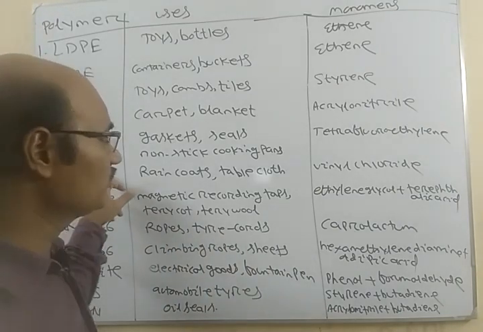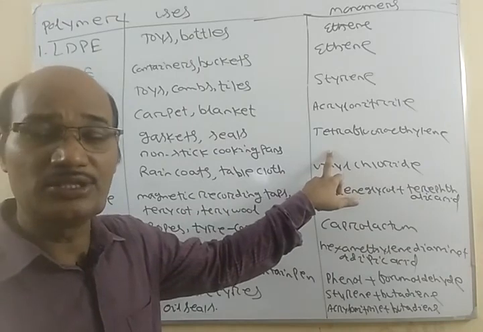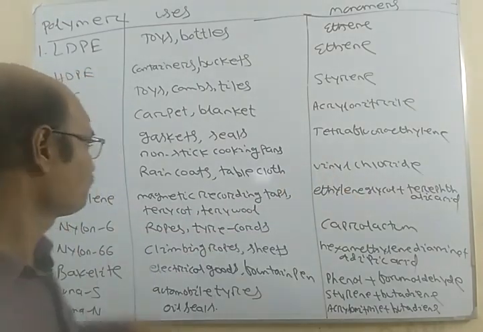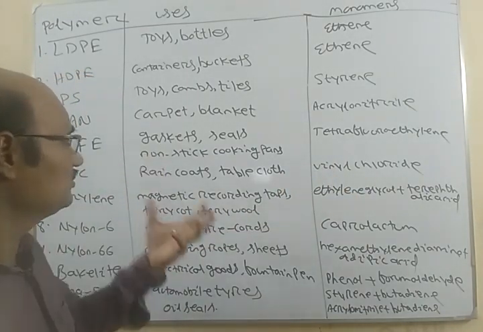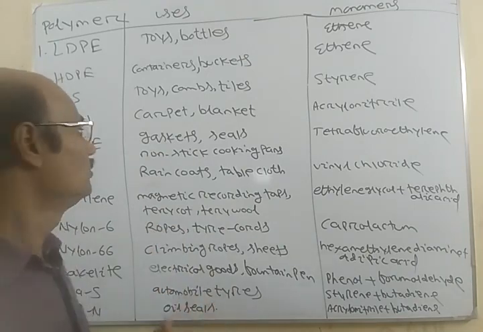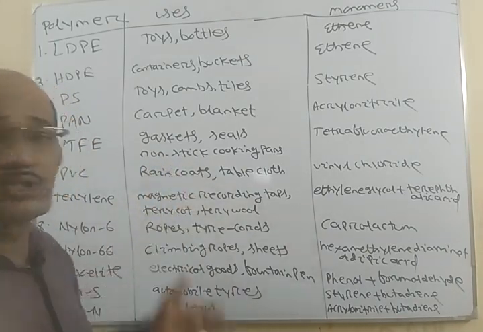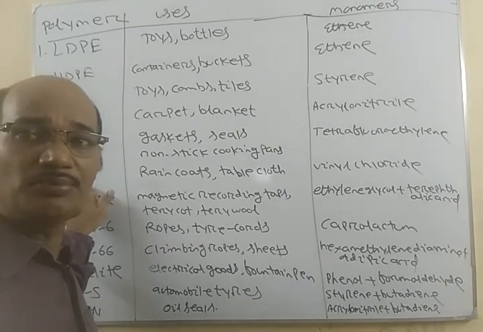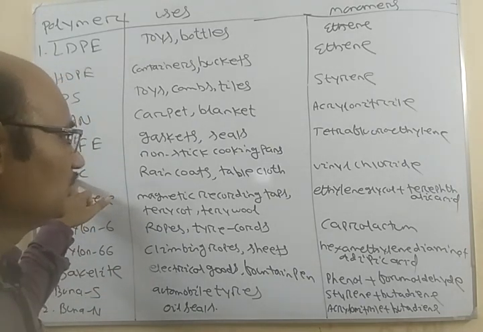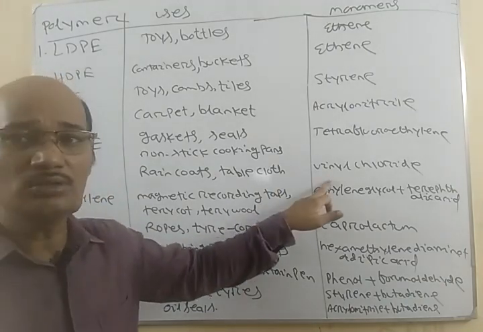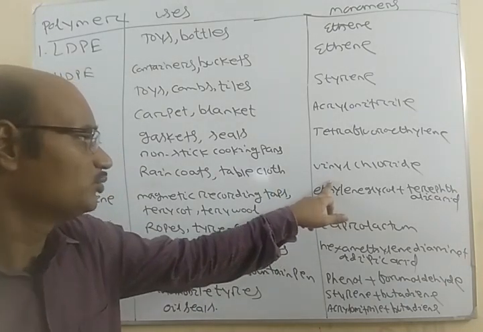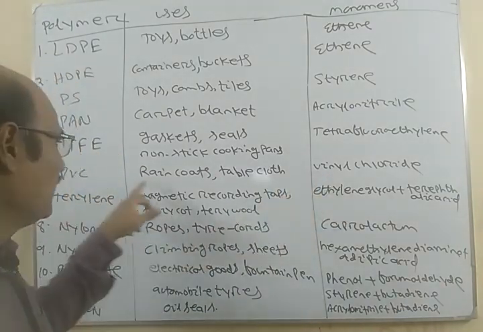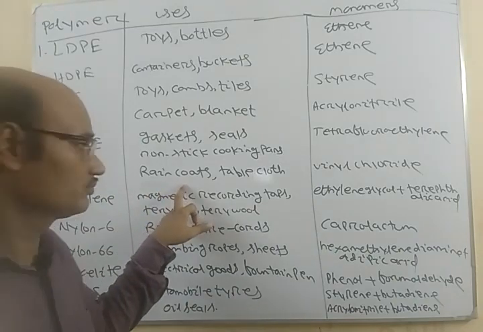The monomer is tetrafluoroethylene, and we use PTFE for making gaskets, seals in pressure cookers, and non-stick cookware pans. Now PVC, polyvinyl chloride. The monomer is vinyl chloride, used to prepare raincoats and tablecloths.